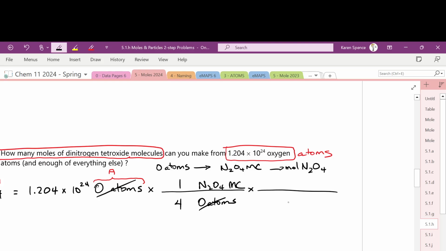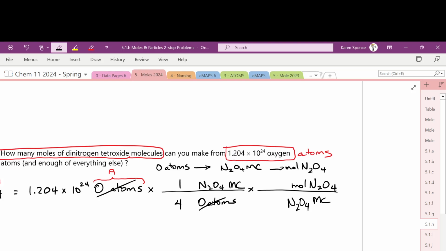All right, what goes on the bottom? N2O4 molecules. And what goes on the top? Moles of N2O4. And what number are we going to use in here? Between moles and molecules, we use whose number? Avogadro's number. And what is Avogadro's number? Say it out loud so you remember it. 6.02 times 10 to the 23.